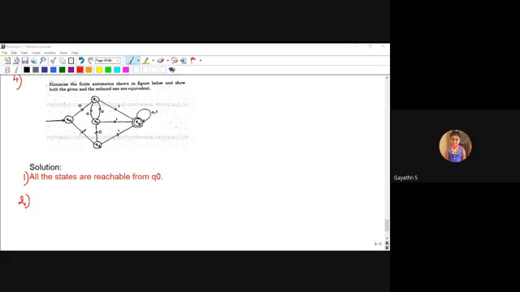Zero equivalence, right? You have to start with zero equivalence. Zero equivalence means you have to separate the states into final states and non-final states. Yes, final and non-final, that is zero equivalence.